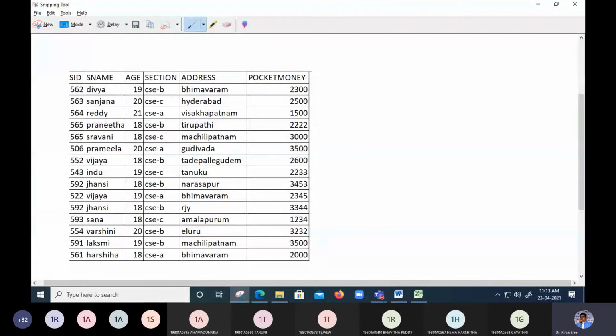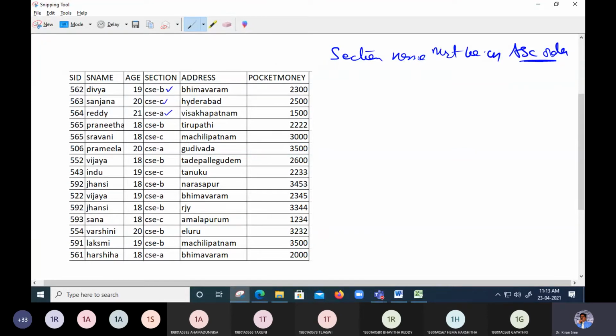Is the section in order? CSC B is there, CSC C is there, CSC A is there. Is this in order? No, it is not in ascending order, it is not in descending order, right? The question was that the section name must be in ascending order.